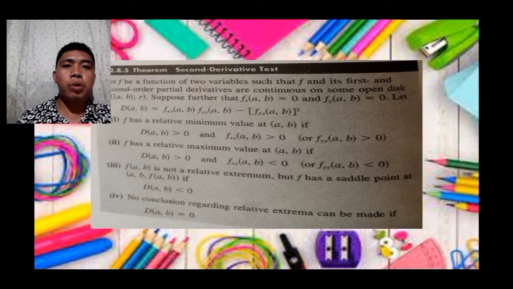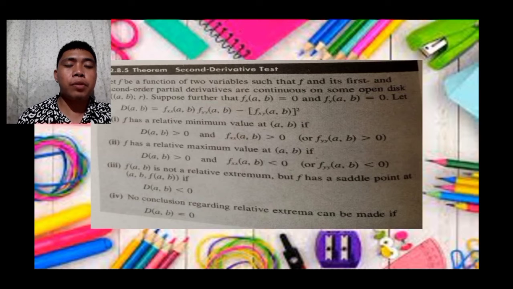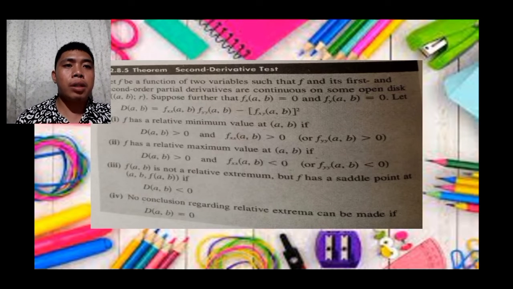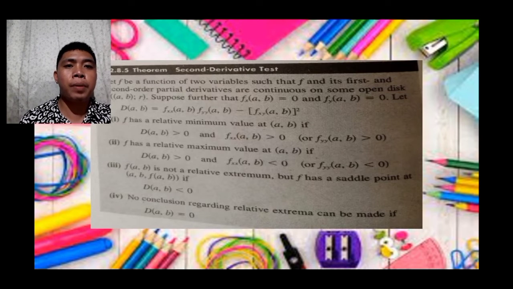Next is 12.8.5, Theorem: Second Derivative Test. Let f be a function of two variables such that f and its first and second order partial derivatives are continuous on some open disk containing (a, b) in R squared.